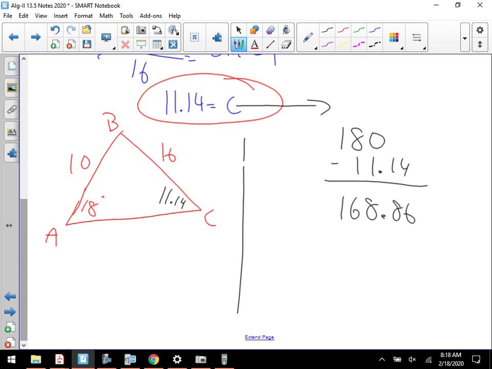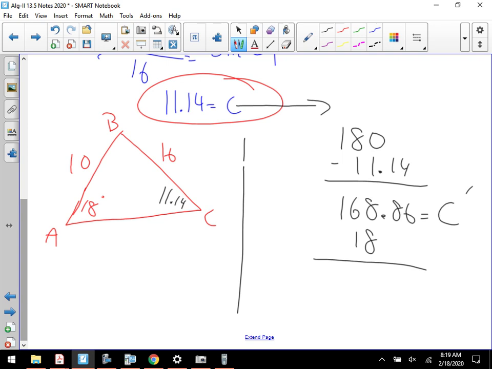Now, here's what we do. I'm calling this my possible C prime angle. It's not necessary that it's going to work, but it's something that I have to check. So I take my original angle of 18 degrees that was given to me, and I add that back to it. Am I above or below 180?